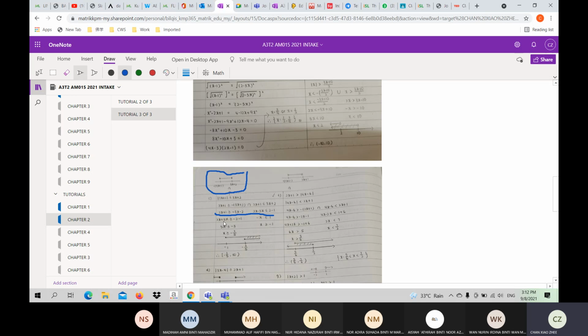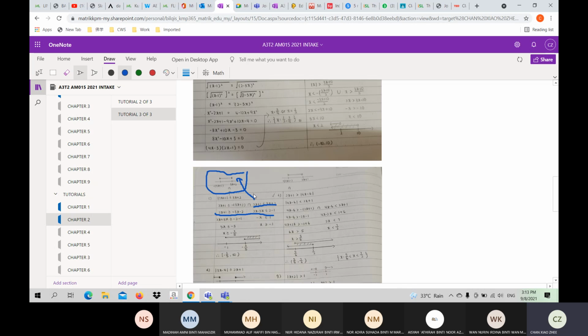So 2x plus 1 greater than or equals to negative 3x minus 2. The other one, 2x plus 1 will smaller than or equals to 3x plus 2.